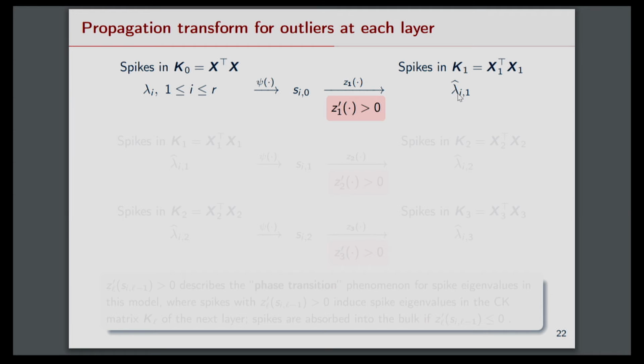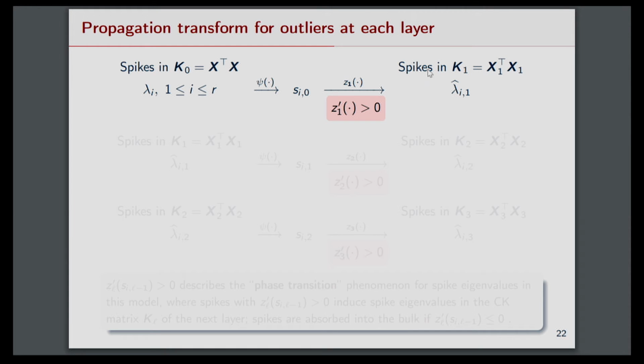This holds as long as the derivative for this Z1 is positive. If this condition is satisfied, then we will see this spike eigenvalue lambda hat i in the CK matrix of the first hidden layer. Otherwise, you will not see the spike. And then we can define this iteratively.